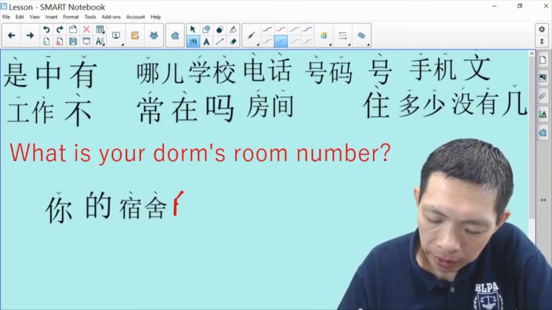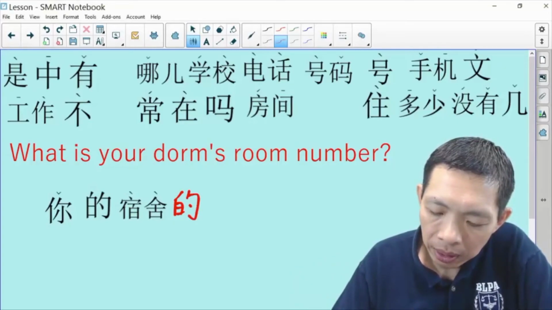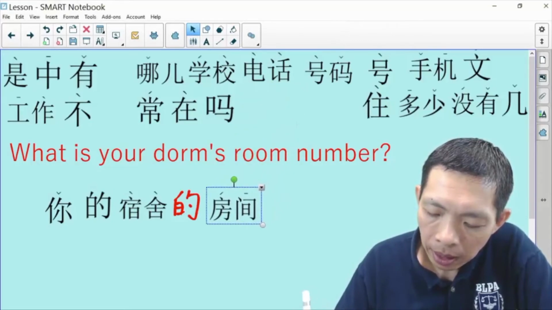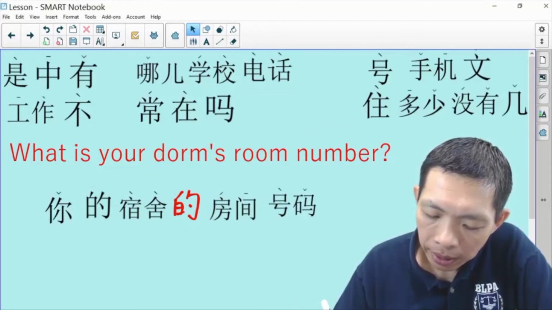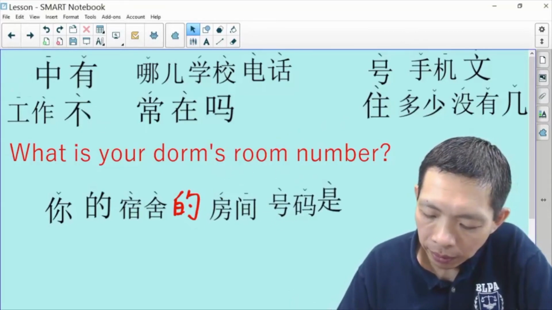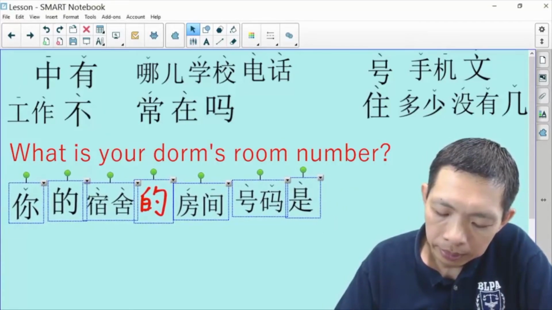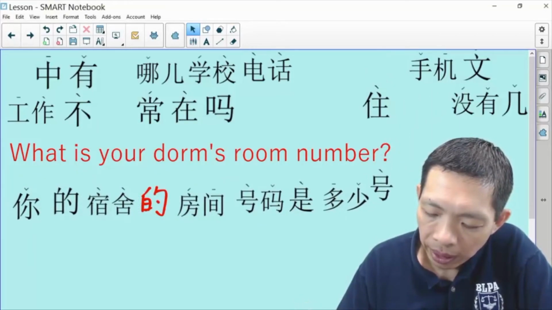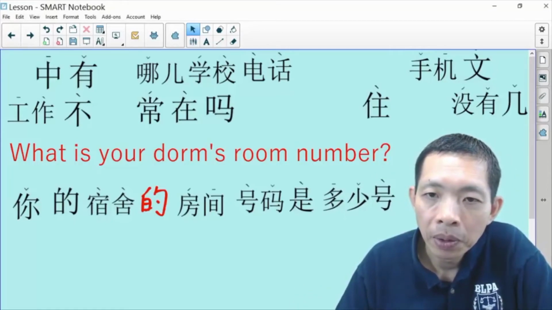We have another 的 in here: 你的宿舍的房间, and then 号码, and then what's the verb? 是, and then 多少. Don't forget the word "how" in here, because it's a small number, it's not a phone number.